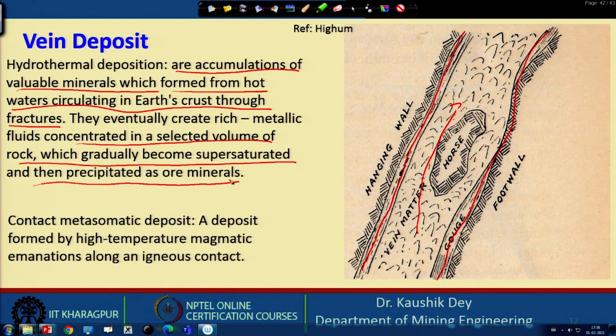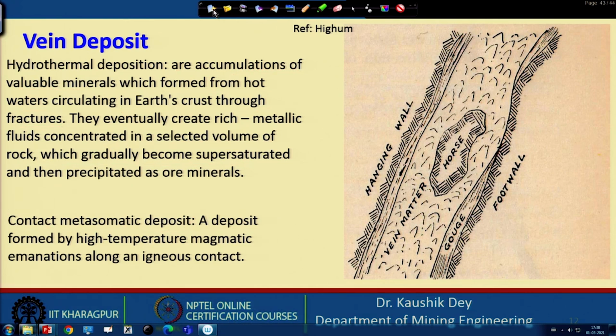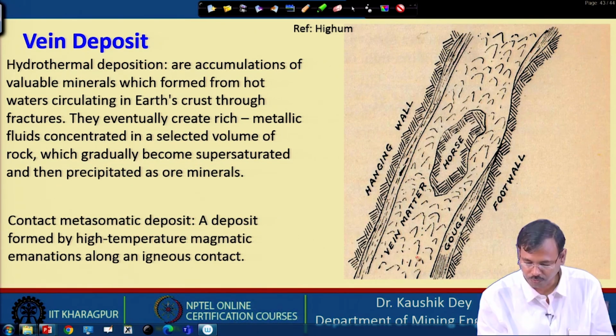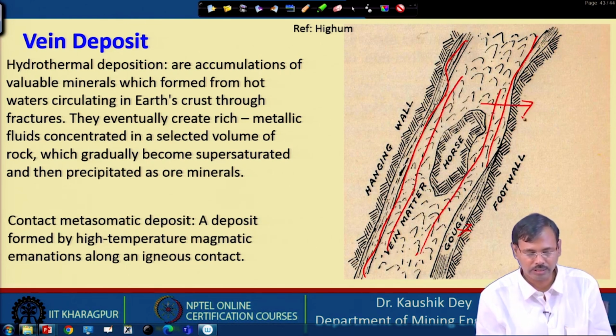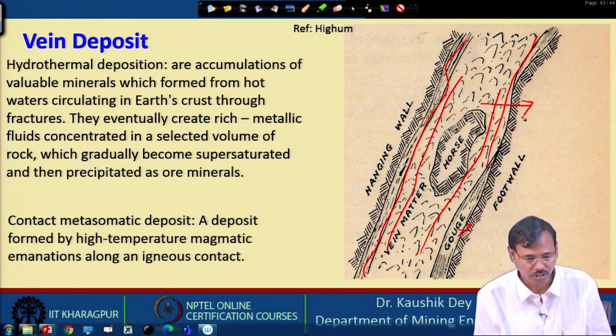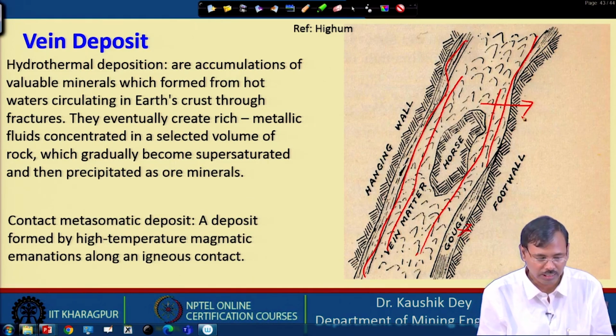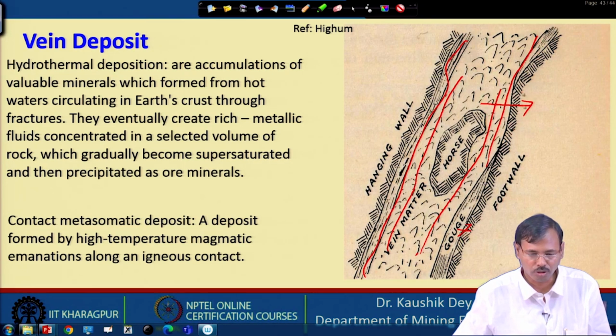Often you can find the contact metasomatic deposits also occurring in the vein form, where the lavas or magmas are flowing towards the cracks, changing the other surrounding rocks and also depositing in those cracks and creating the veins like this. That is often called dikes also. So, in those cases the deposits also occur in a similar way.